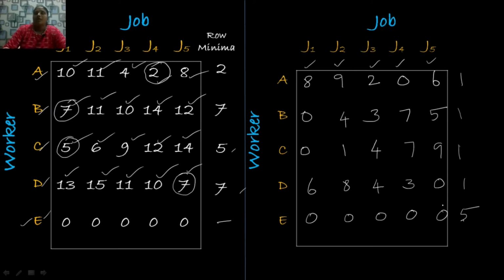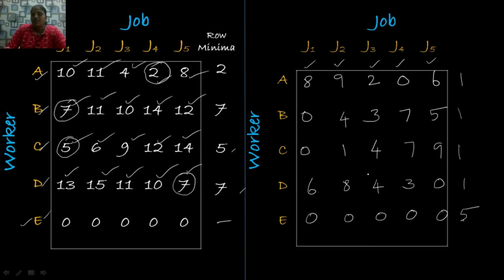So always keep in mind that we have to give our first assignment for the row which has the minimum number of zeros. So no need to write down the number of zeros outside of the matrix like this. Just for your understanding purpose, I write it here. You just keep that in mind and give your first assignment, second assignment, etc.